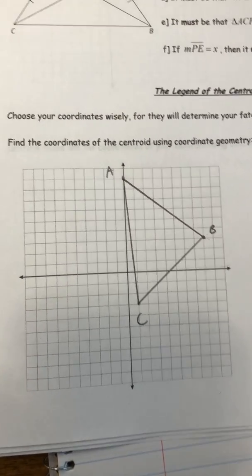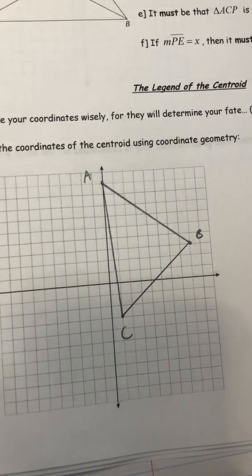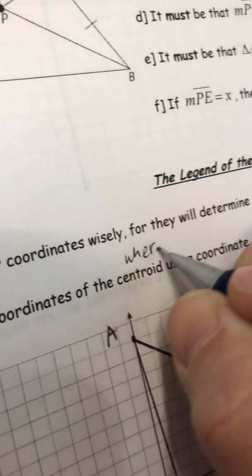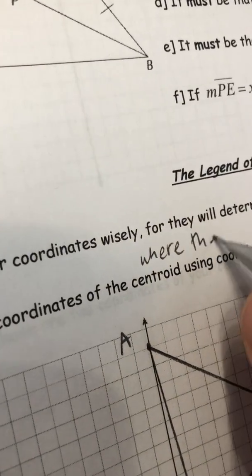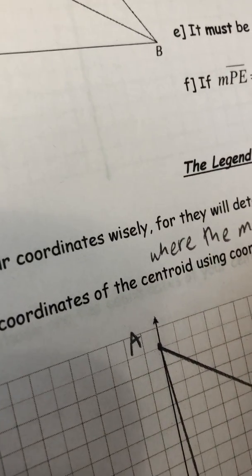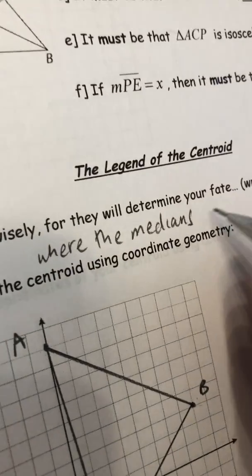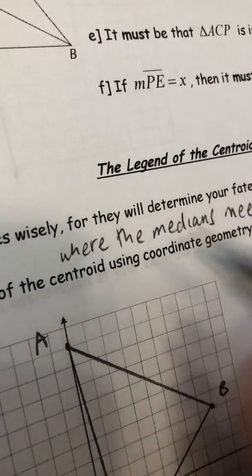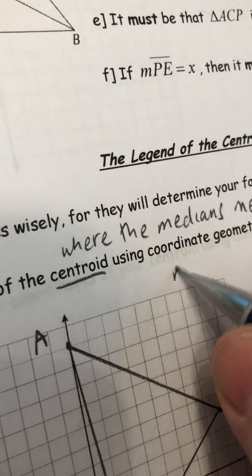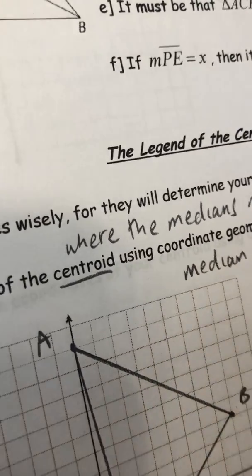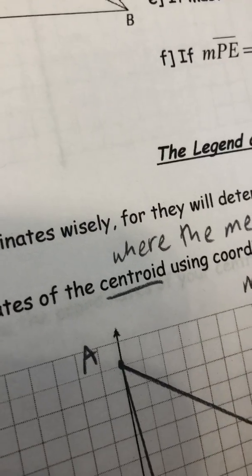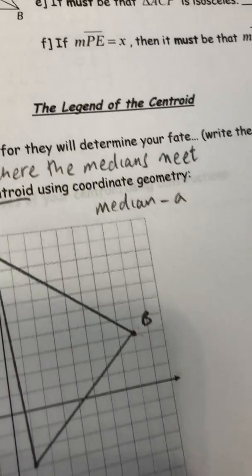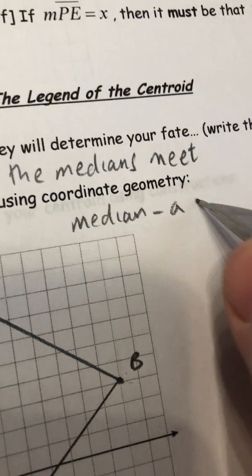As you recall, the centroid is where the medians meet. And a median is a segment drawn from the vertex to the midpoint of the opposite side.